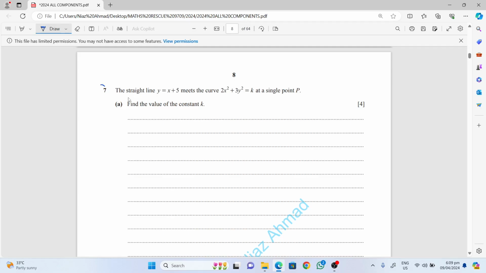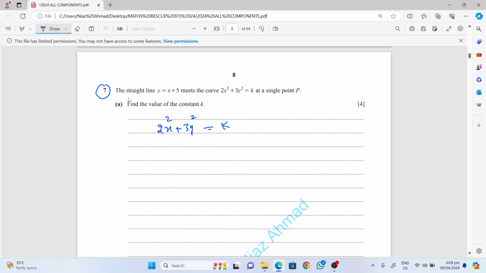Going to question number 7. The straight line meets the curve at point P. Find the value of the constant k. When these two meet, you can simply say the equation, that is 2x squared plus 3y squared equals k.